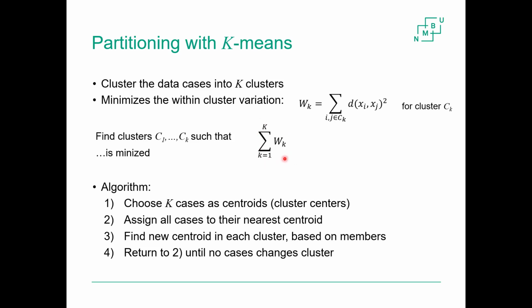It doesn't really minimize. It falls into what we call a local minimum, where it stops. So what you should always do when you do k-means clustering is restart this algorithm several times. And there is an option for doing that in the function we will see in R.